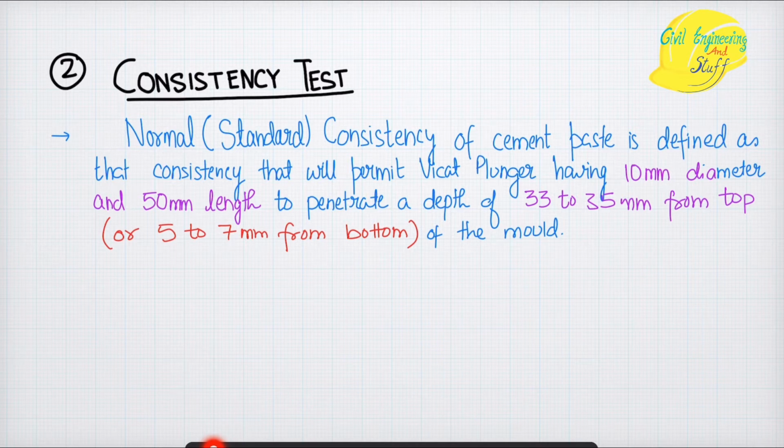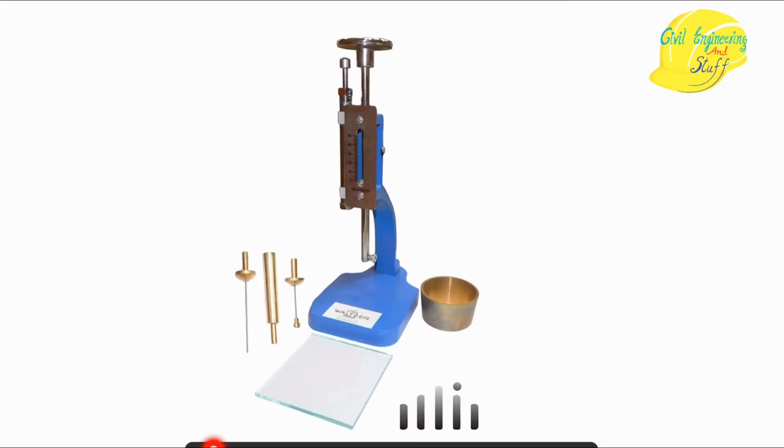Now let us see the Vicat apparatus. So this is the Vicat apparatus assembly, right? Now here we have a slot, and in this slot we can fix any of the rings. So this one is called the Vicat plunger, and remember, the Vicat plunger is used to find out the normal consistency of the cement.